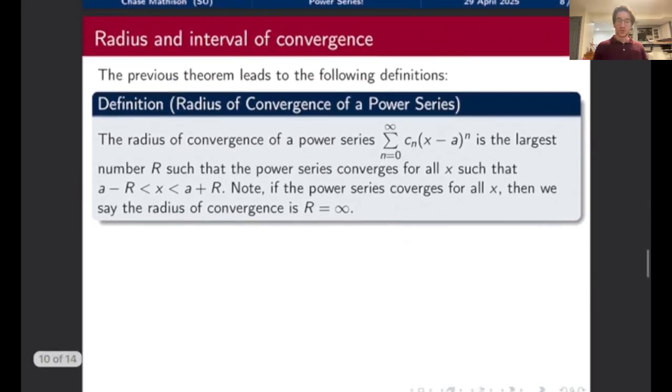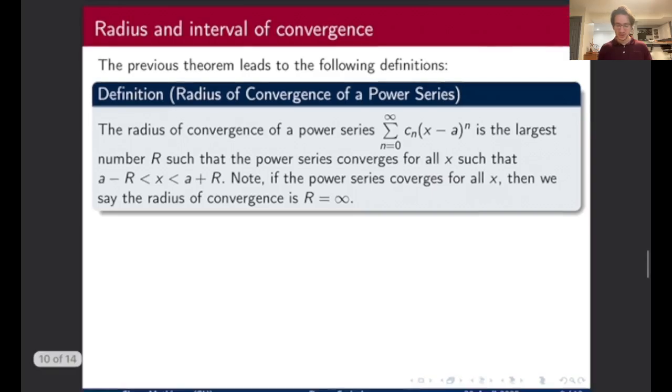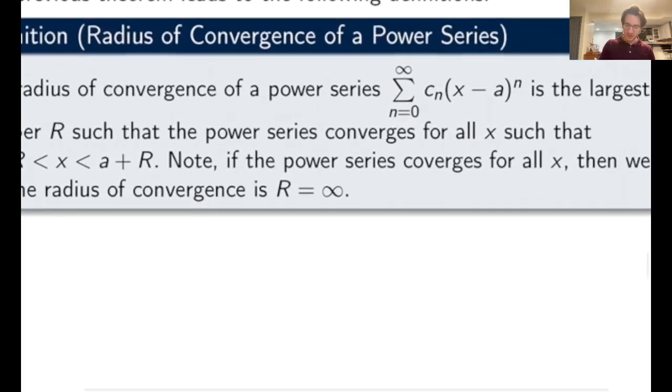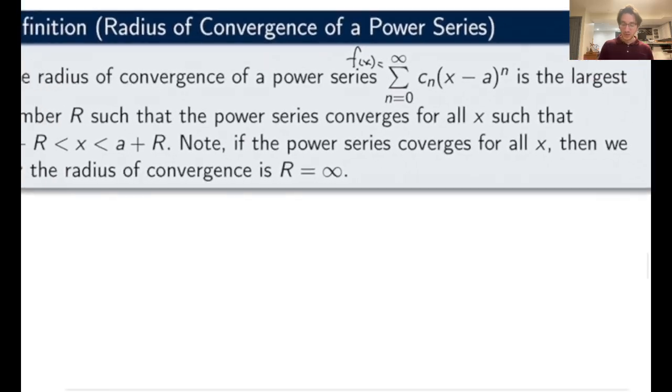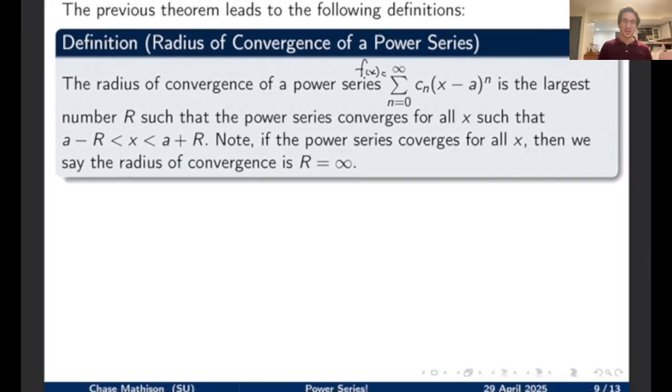All right, so that previous theorem leads to the idea of the radius of convergence. So the radius of convergence of a power series that looks like this, and let me call it f of x, is the largest possible number r such that the power series converges absolutely for all x such that a minus r is less than x is less than a plus r. Okay. Now, if the power series only converges at x equals a, we say r is 0.